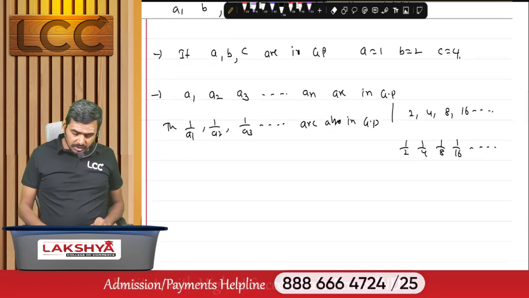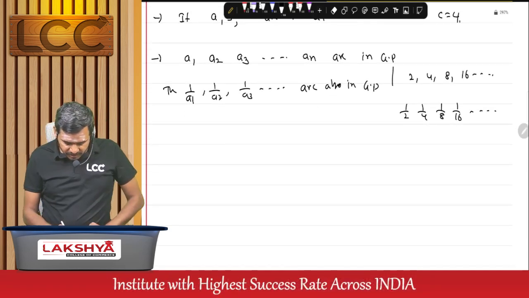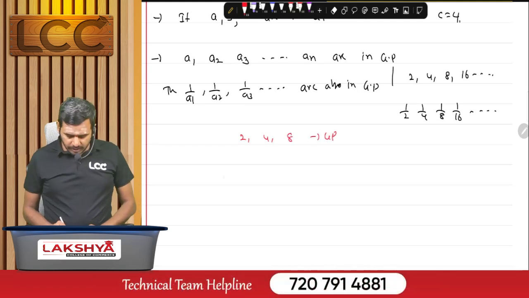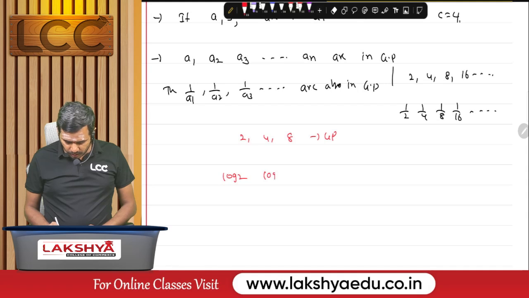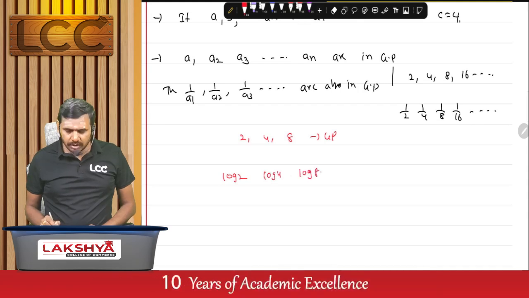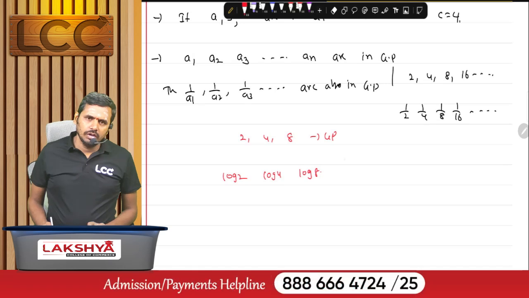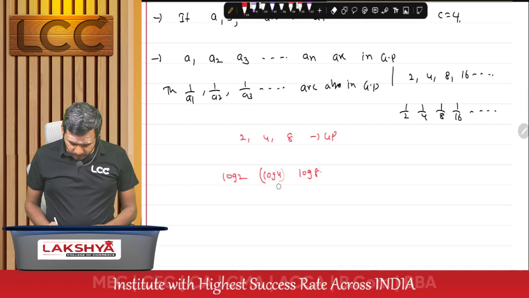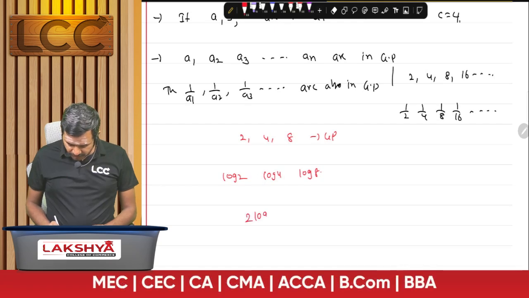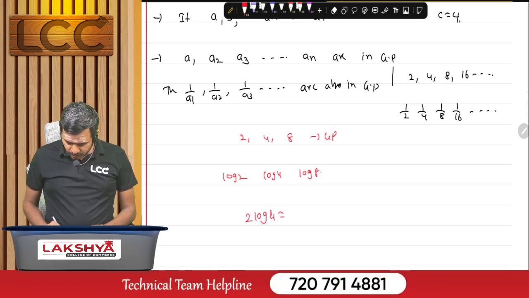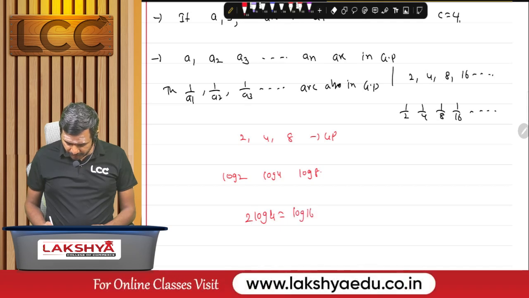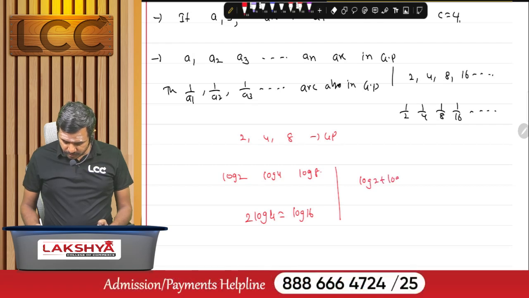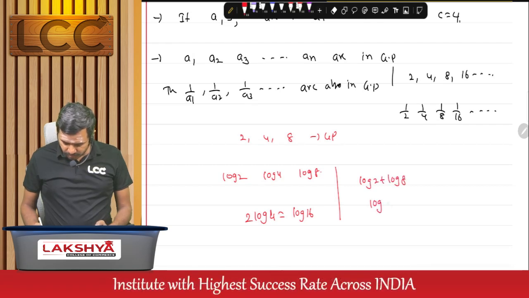Remember that point. And one more thing: let us see this example, 2, 4, 8 are in GP. Then what about log 2, log 4, log 8? Observe 2 times the middle term: 2 times log 4 can be written as log 16, and the sum of extremes is log 2 plus log 8, which is also log 16.